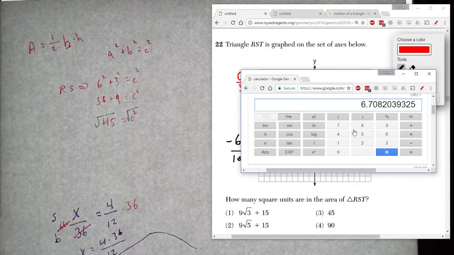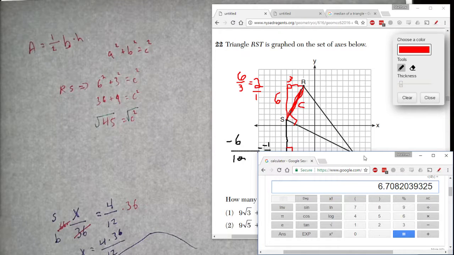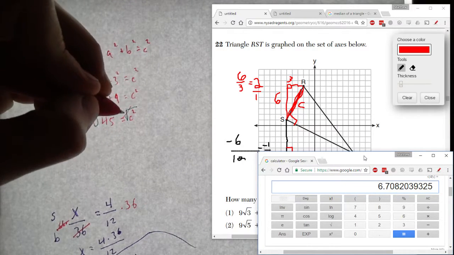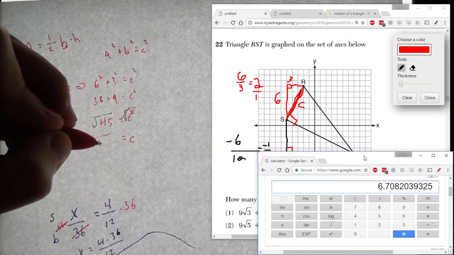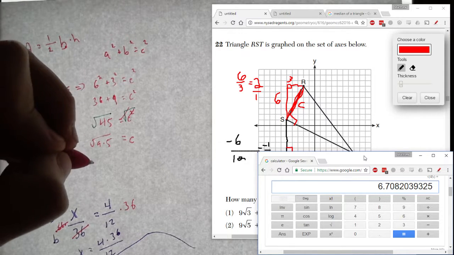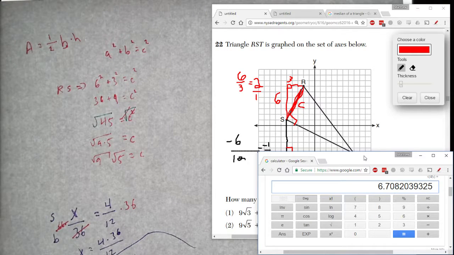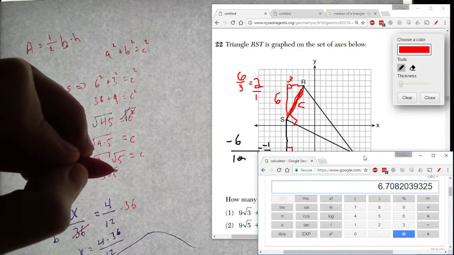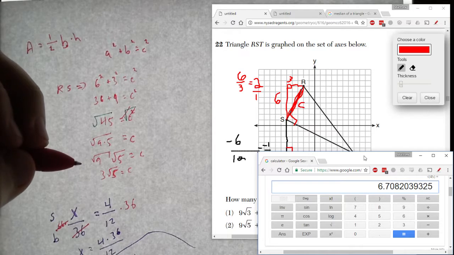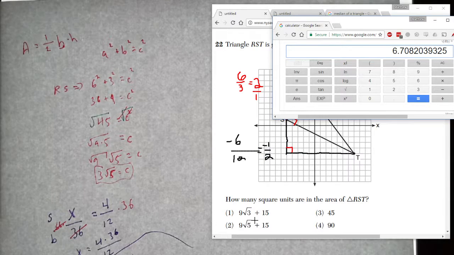So you can do it in the calculator and see what matches, or we can do it the old-fashioned way. c is equal to root 45, and 45 I can break up into 9 times 5, so root 9 times root 5 is equal to c, and this becomes 3 root 5 is equal to c. That's going to help us because these are in terms of roots.